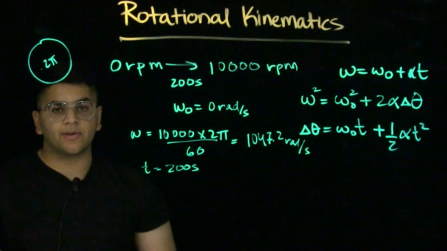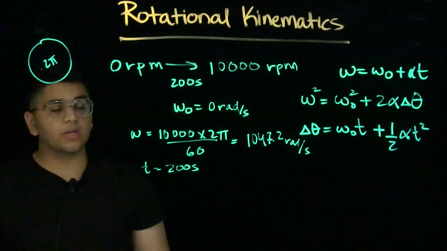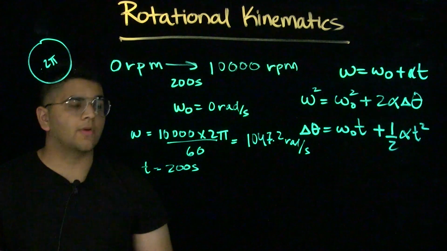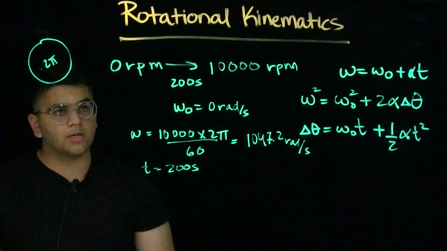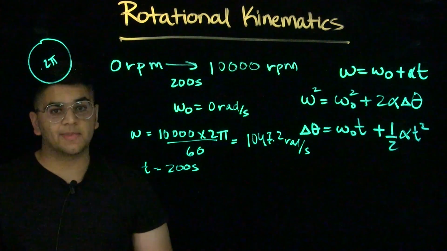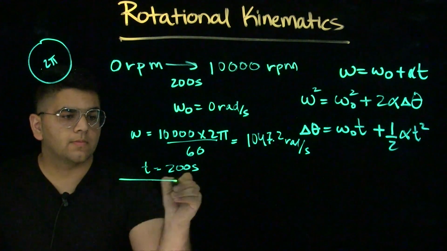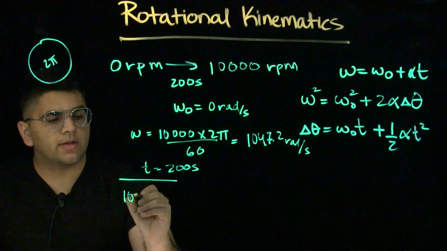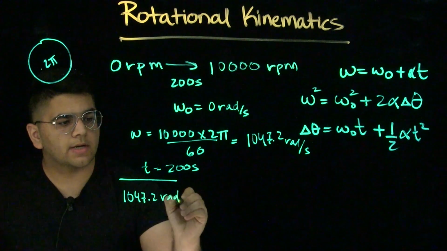What we want to know is the angular acceleration. We use the same technique to choose which kinematic equation will be best for this problem. So if our unknown is angular acceleration, we know the initial angular velocity, the final angular velocity, and time. The best equation to use will be the first one. So, as we know, our final angular velocity is 1047.2 radians per second.